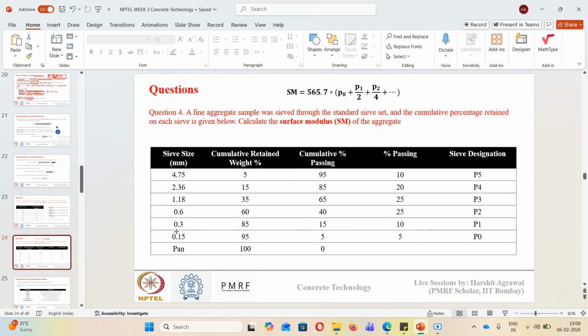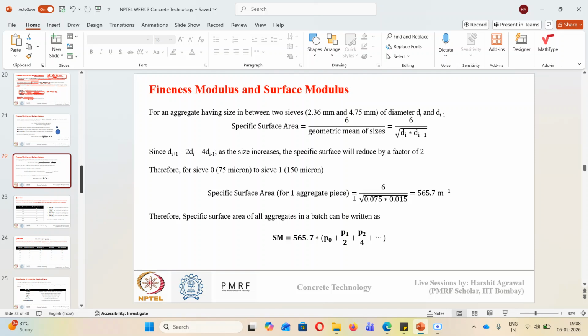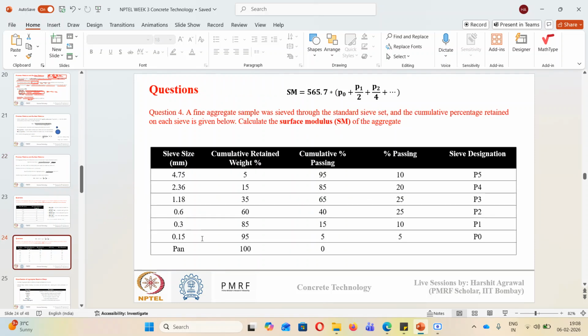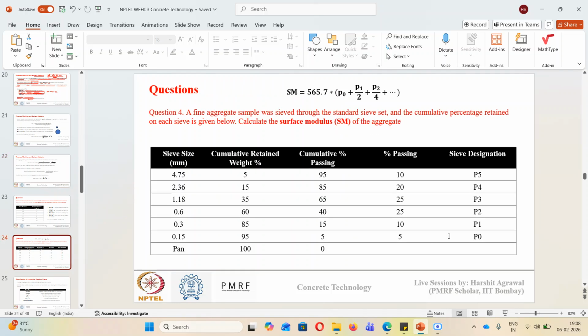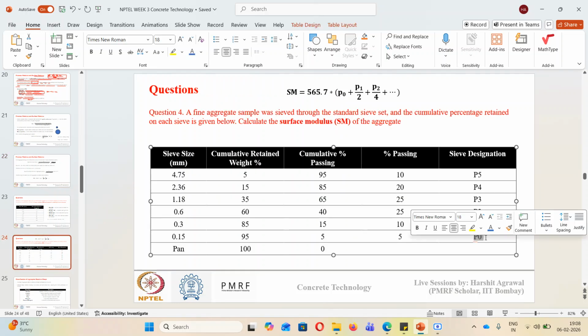There will be one more sieve in between, 75 micron and then 150 micron, 0.075 and 0.150. So this is P0 and this is P1, P2, P3, P4, and P5.